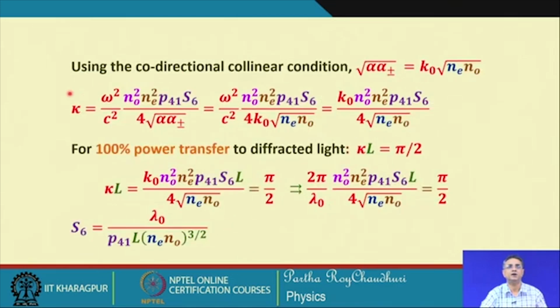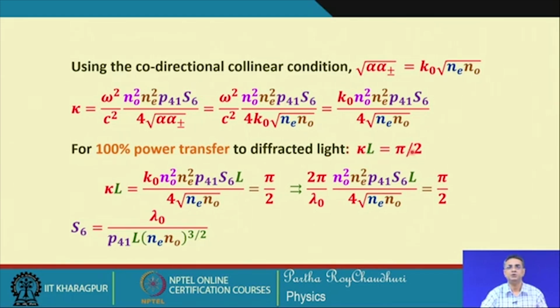Therefore, it is straightforward, we can now calculate the coupling coefficient from here, and this is simple algebra, you just have to plug in. For 100% coupling, this quantity kappa into L must be equal to pi by 2. We have seen this in the waveguide coupling, small Bragg angle coupling, for periodic exchange of power from the incident wave to the optical wave.